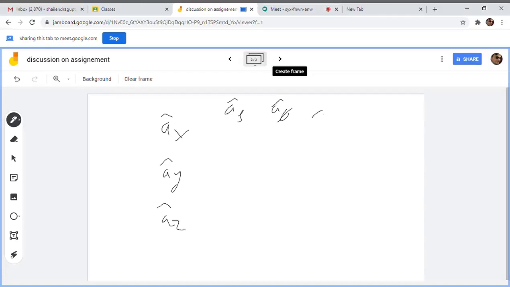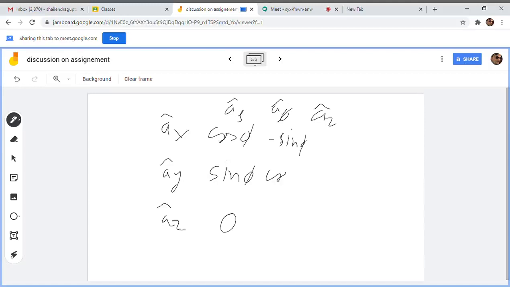a phi, a z. So a rho dot ax is cos phi. a rho dot ay is sin phi. a rho dot az is 0. Similarly here it is minus sin phi, this is cos phi, and this is 0.